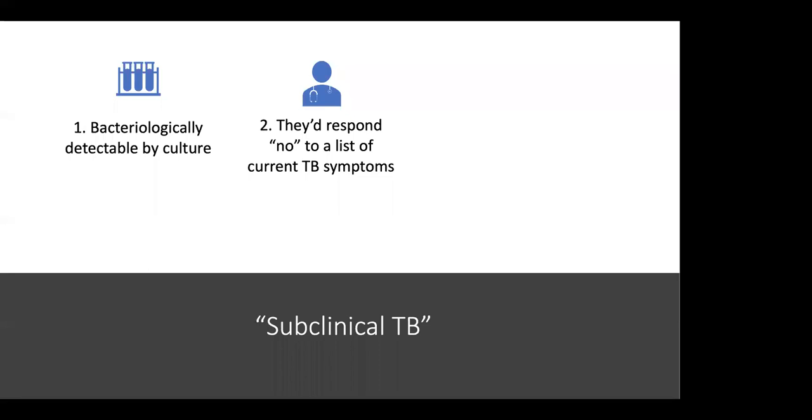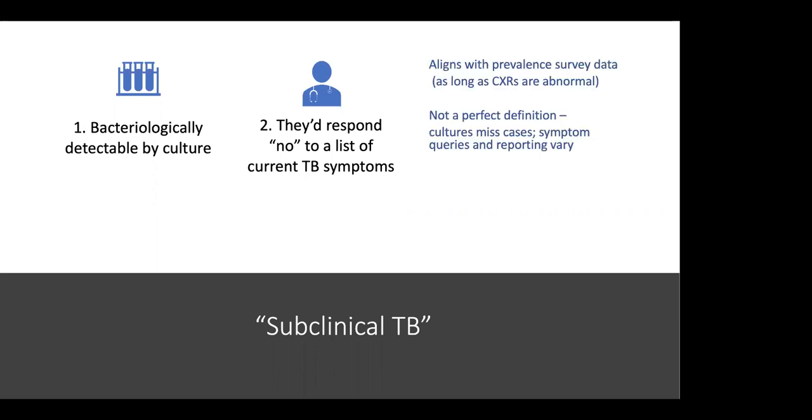So with that in mind, I'm basically defining it as being active, in that it's bacteriologically detectable by culture, and subclinical, meaning that if you asked people some standardized list of current TB symptoms, they would say, no, I don't have those symptoms. So this aligns with prevalence surveys, which typically screen people with a symptom survey and a chest x-ray, and then do bacteriologic testing on those who screen positive by one or the other.